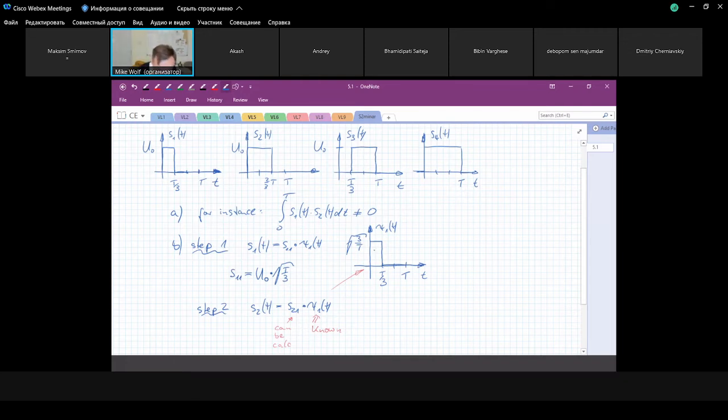And this means now the new step is plus S22 times psi2 of t. And we need to calculate this. This difference needs to be derived or calculated.